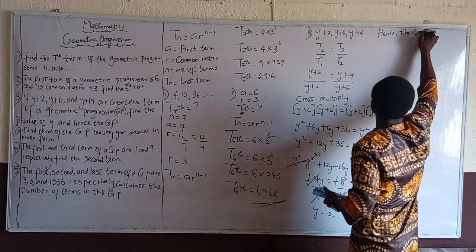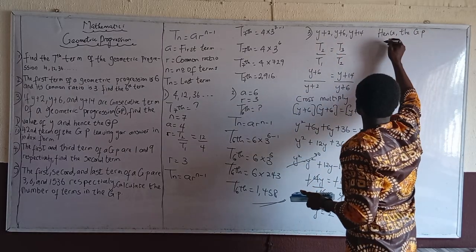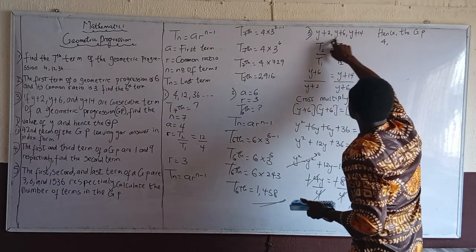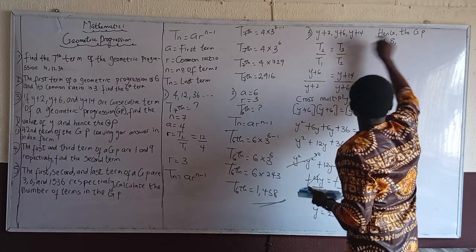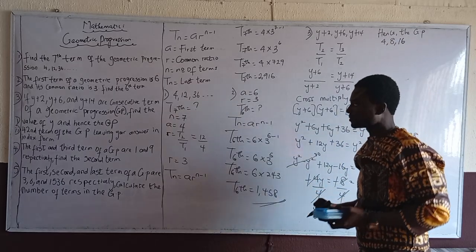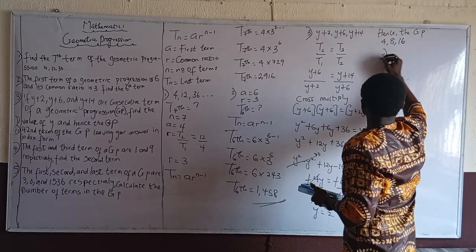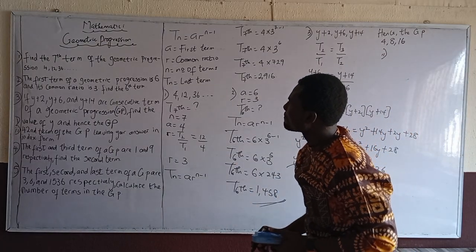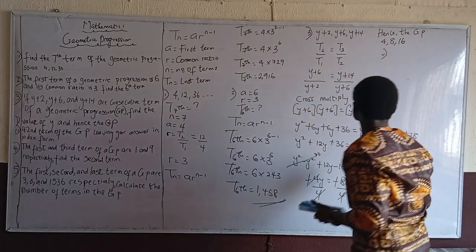the GP here is 2 plus 2, 4. 2 plus 6, 8. 2 plus 14, 16. This GP. Now, it says the 42nd term, leaving your answer in index form.